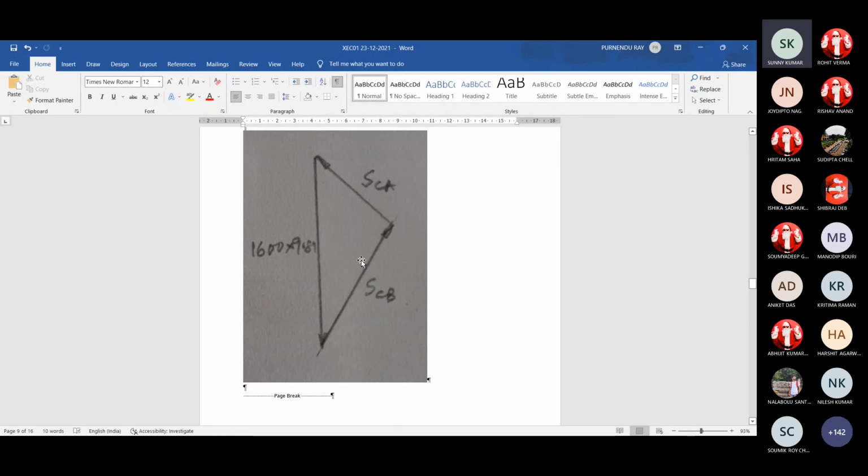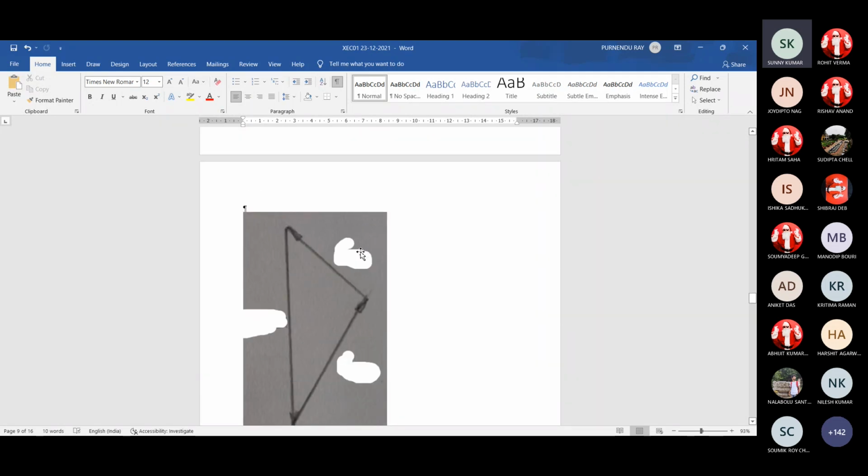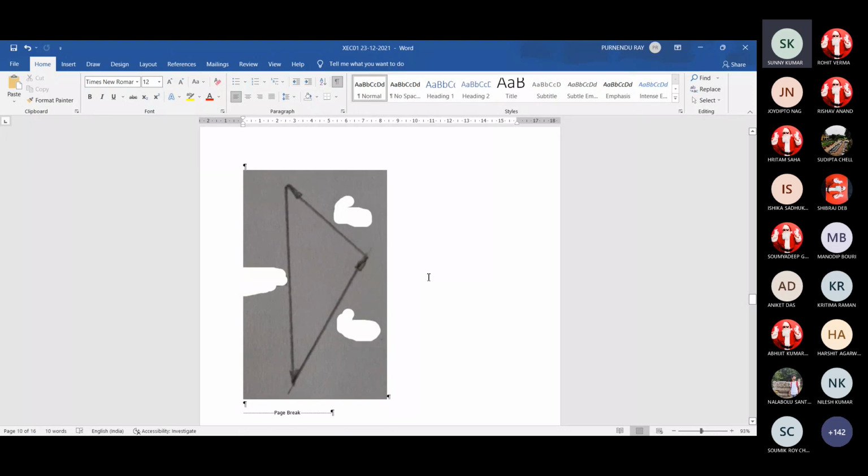All such things are very simple, easy, basic, primary, but you need to do proper practice. Otherwise, during examination, I don't say that you cannot solve these problems, but you have to use more time. And for competitive exams, time is very valuable.